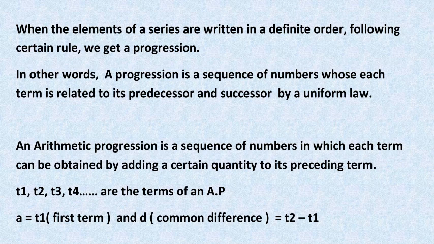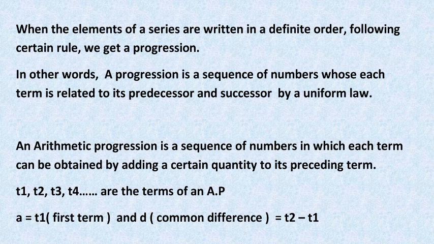When we look at the definition of arithmetic progression, there is a sentence: each term can be obtained by adding a certain quantity. What is that certain quantity? That certain quantity is known as the common difference, which is represented by the variable D. How is D calculated?